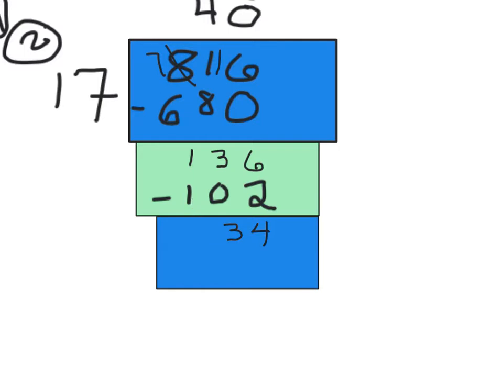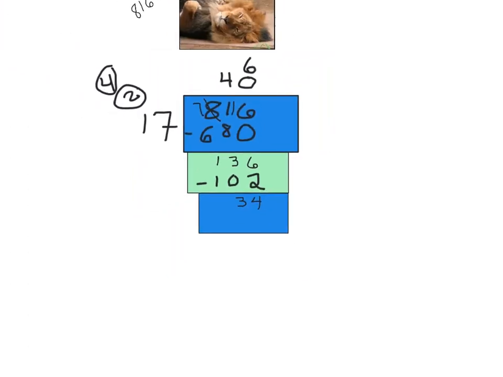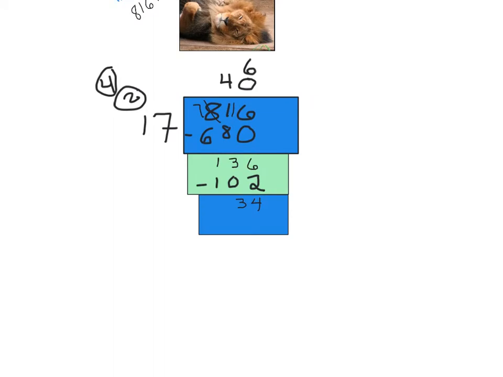Now, here's the thing. You notice that 34 is actually bigger than the 17. So now, here's the great thing about area division. If this was long division, we would have to erase all this and erase this. But with area division, all I've got to do is add another area box, right?